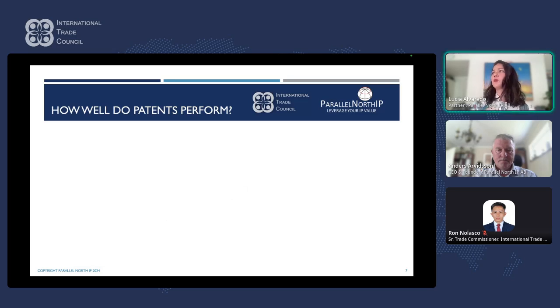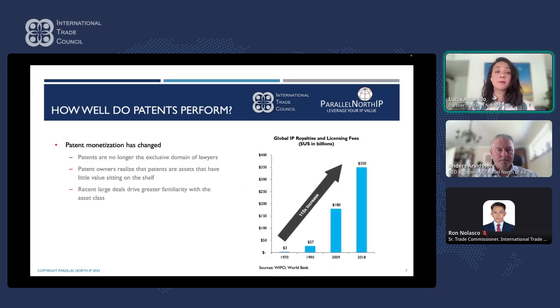So how well do patents perform? Well, we have seen that patent monetization has changed. Since the 1970s, we have data about global IP royalties and licensing fees, and that has increased over 100 times over the past 40, 50 years.